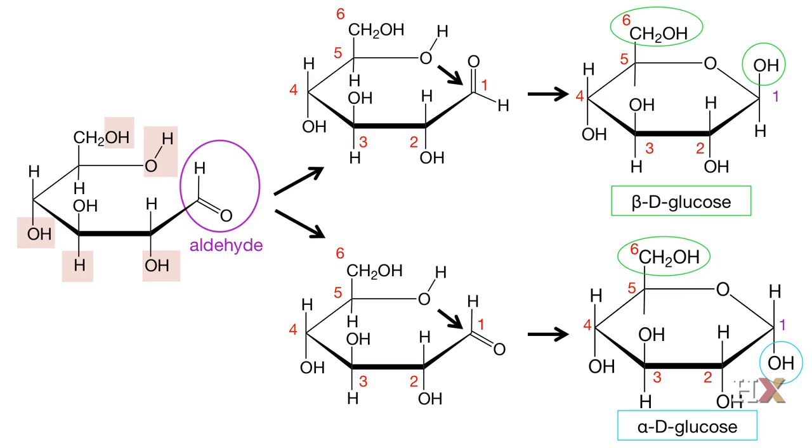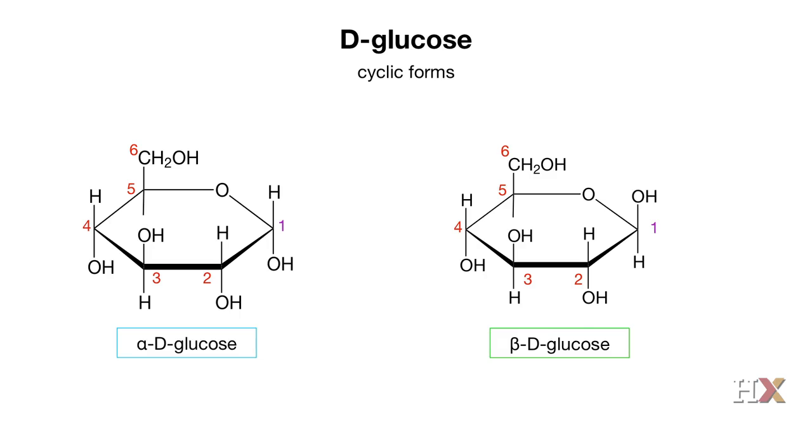Let us consider for a few minutes some nomenclature. The carbon 1 that is involved in the cyclization is called the anomeric carbon in the cyclic structure.